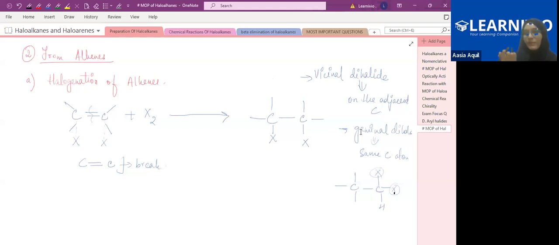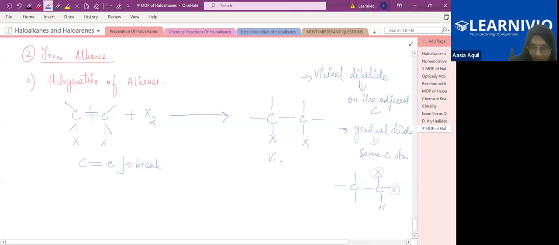It is similar in the case of alcohol: if the OH groups are present on adjacent carbons, it is known as vicinal diols, and similarly geminal diols when the OH groups are present on the same carbon. So halogenation of alkene will give you a vicinal dihalide.